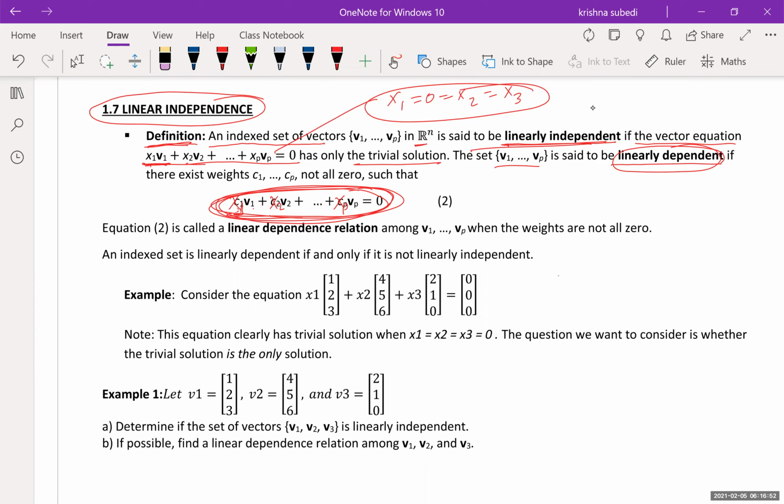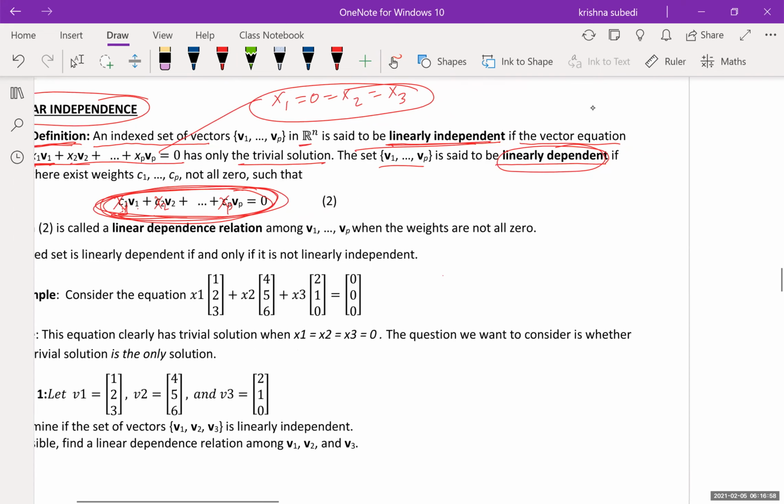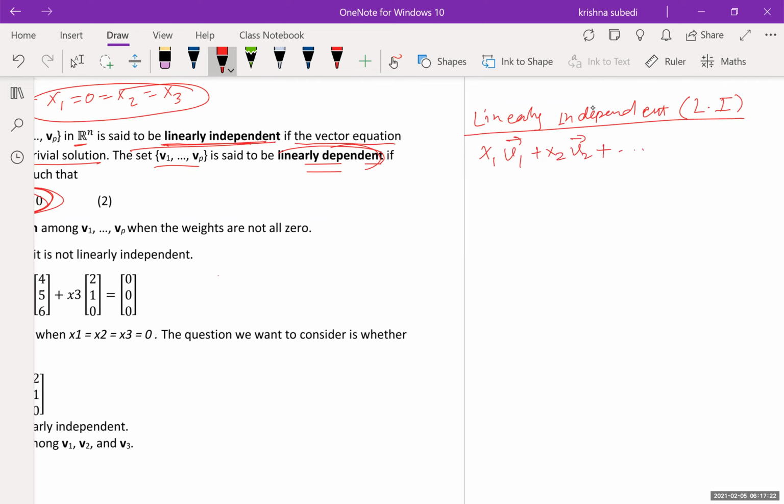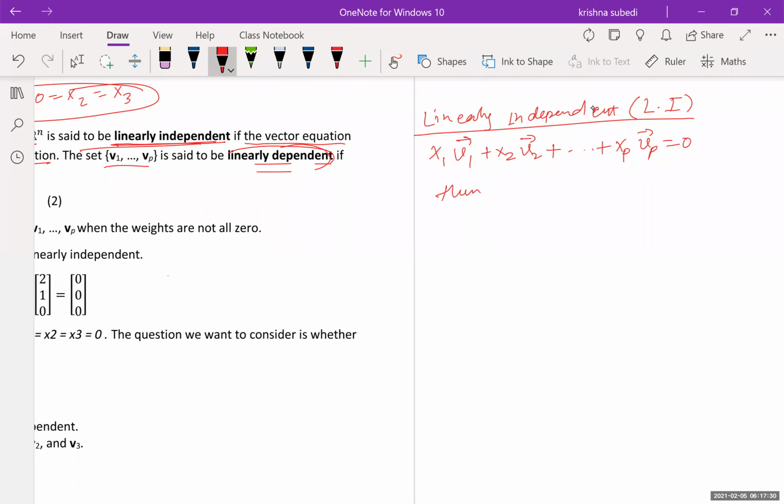If you want to write this in matrix form, remember, linearly independent, from now onwards I simply write LI, means x1 v1 plus x2 v2 all the way up to xp vp equal to 0 has only the trivial solution.